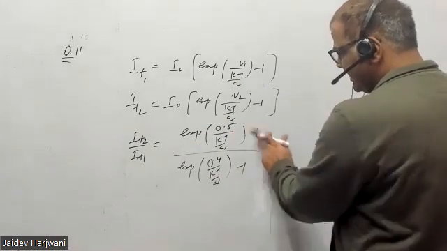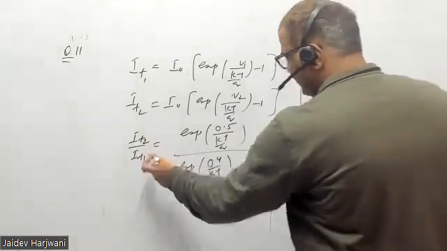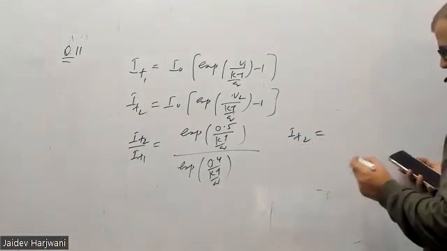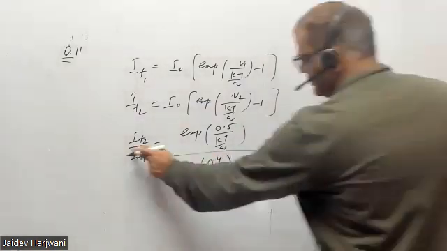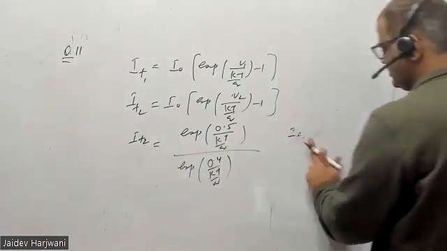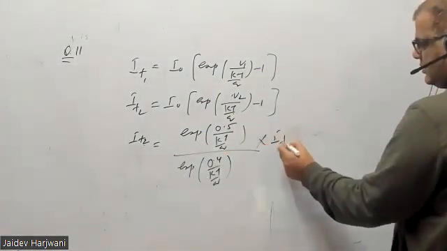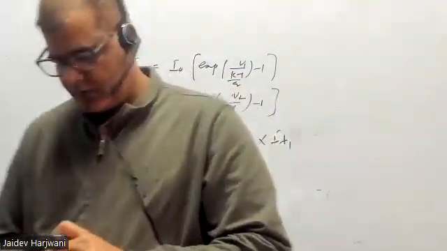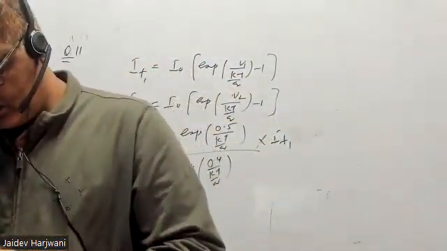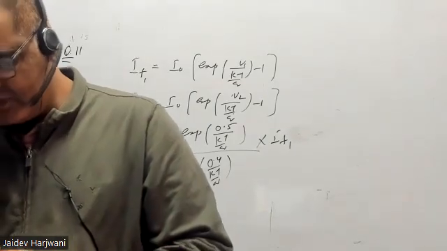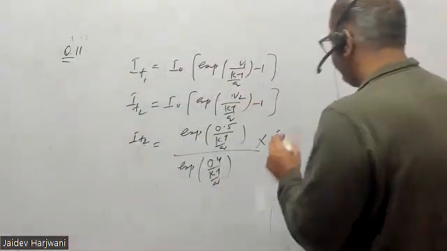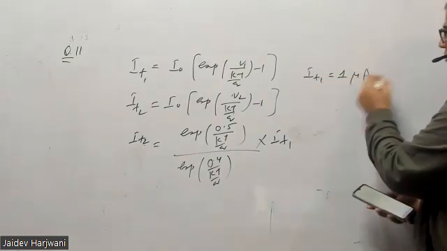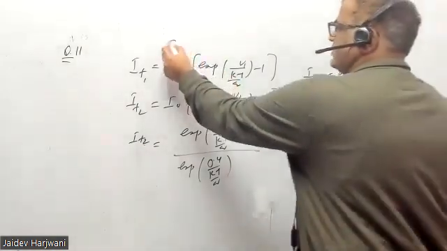If you neglect it nothing will happen, and since IF1 is given, you can find IF2. Tell me how much is coming. Multiply this with IF1, solve and tell me. And the value of IF1 is given as 1 microampere, so IF1 is given 1 microampere.